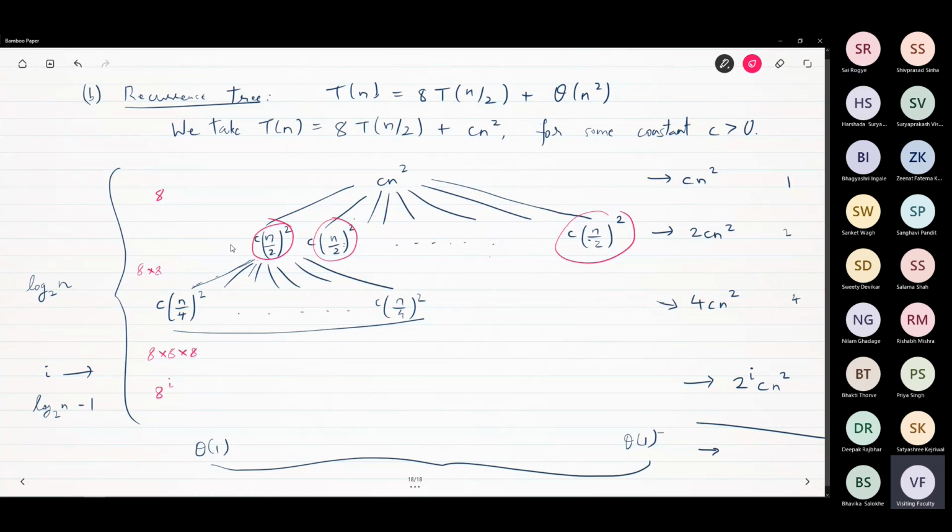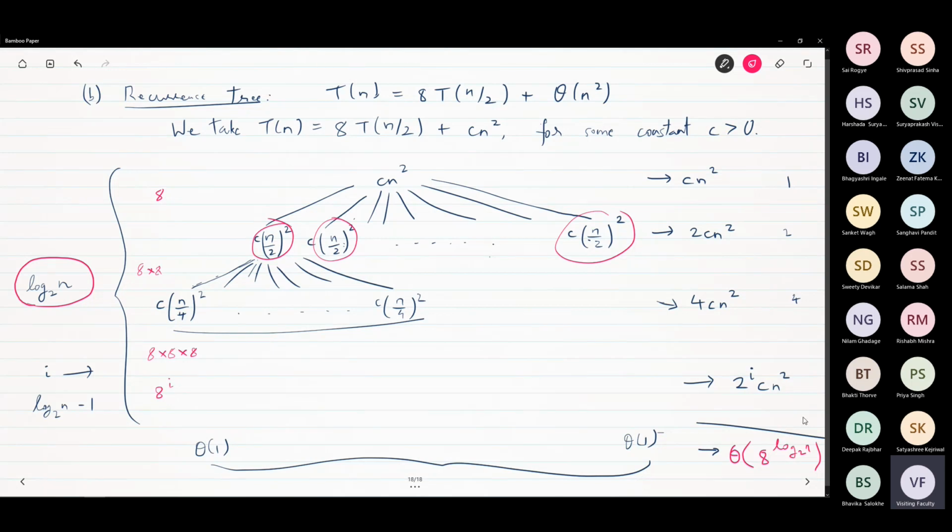Yes, this is the first level, right? 8 raised to I. So at the log n to the base 2 level, how many branches will you have? That's the total count, right? The theta, what is this equal to? 8 raised to log n to the base 2.